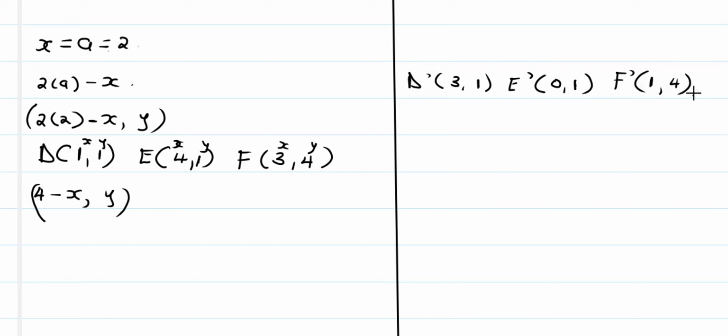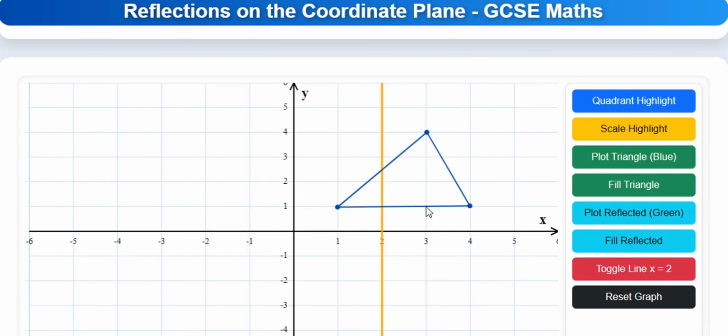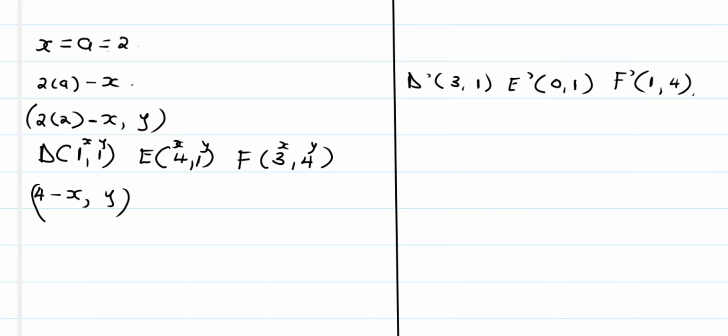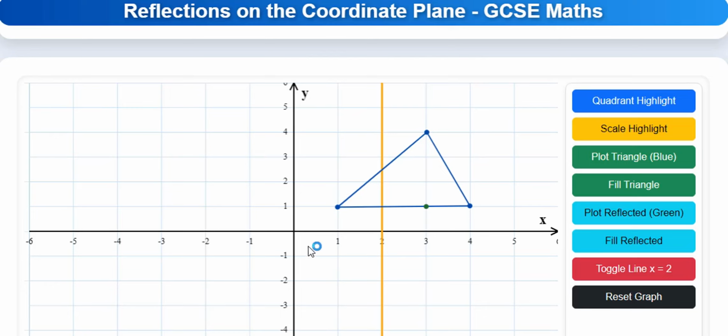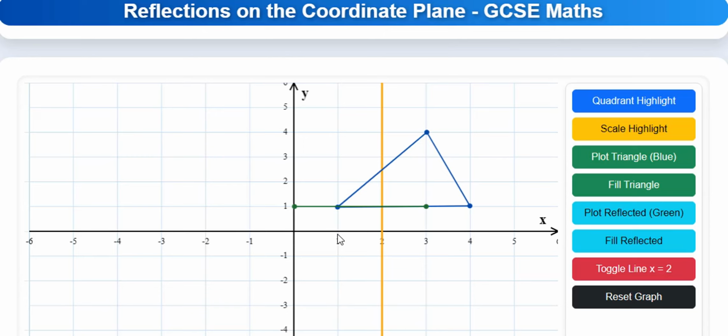Now we have the original coordinates, we have plotted them, and we have the reflected ones. We can plot them. The first one is (3, 1), somewhere here. Then the second one is (0, 1), we can plot it here. And then the third one is (1, 4), somewhere there. And that becomes the reflected triangle.